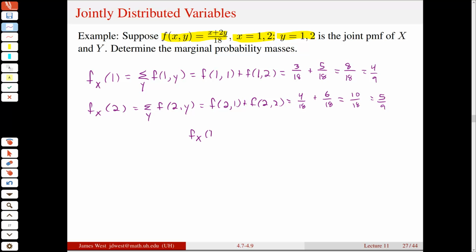Note that fx of 1 plus fx of 2 equals 1, which is appropriate. Since these are the only possible values for x, their probabilities have to add to 1. Thus, fx is defined as being 4/9 if x equals 1, 5/9 if x equals 2.